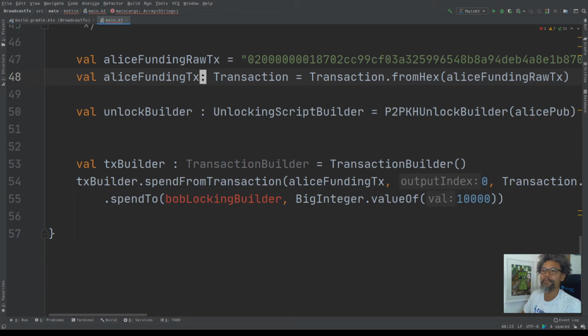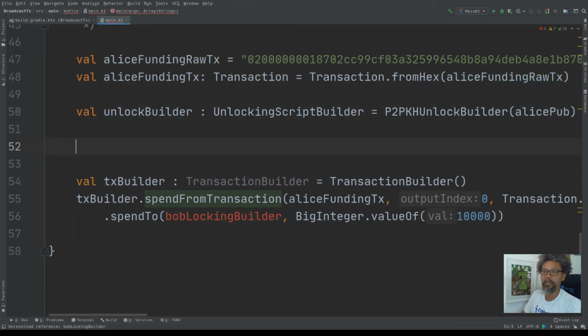All right, so we want to create Bob's locking builder. Now, Bob's locking builder is essentially going to be the helper class that creates the locking conditions for the output, that generates the transaction output for the transaction on the right that belongs to Bob, right?